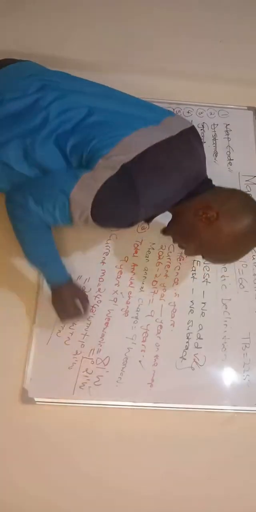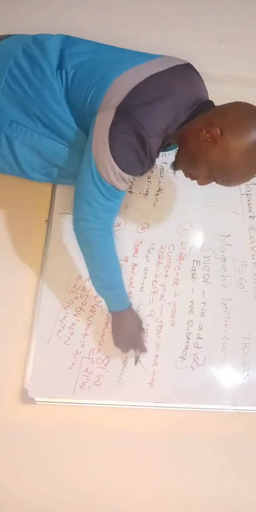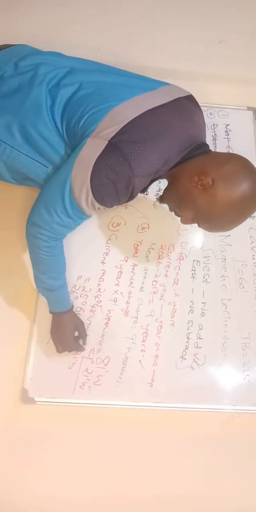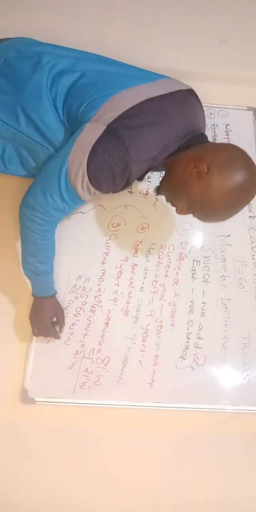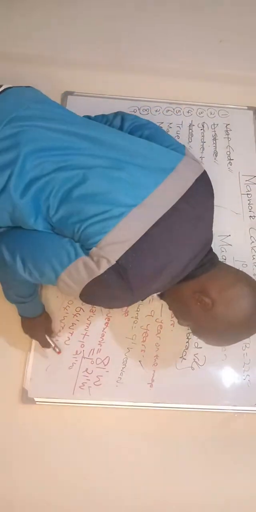You get a mark there as well. You get a mark here. That is 1, 2, 3, 4, 5. Then you get 2 marks here. It's about 7 marks. We are not yet done.